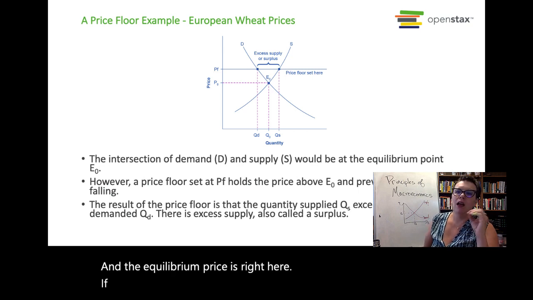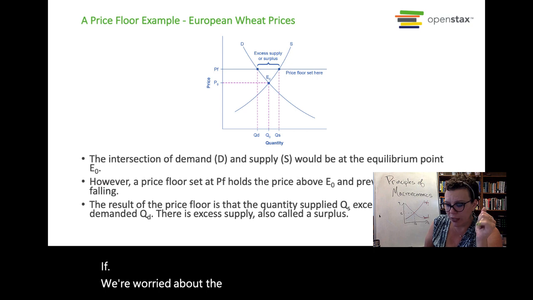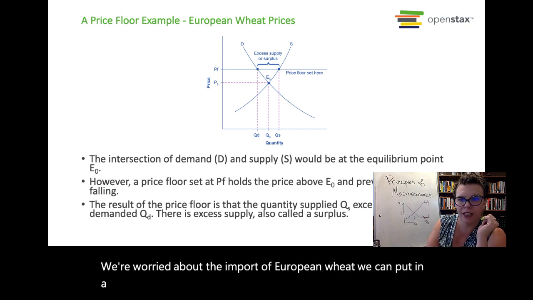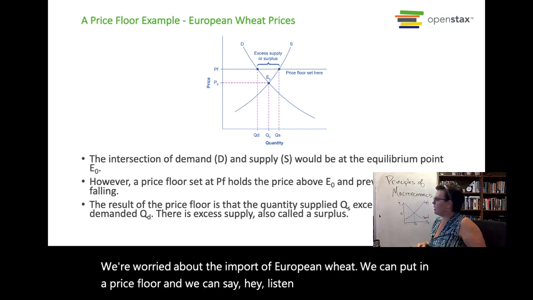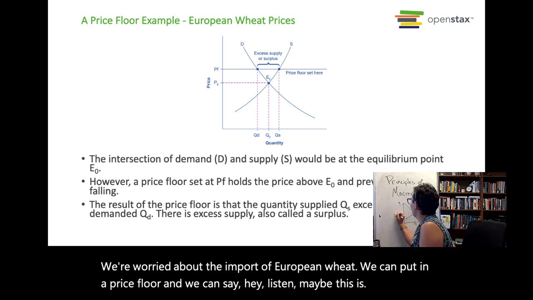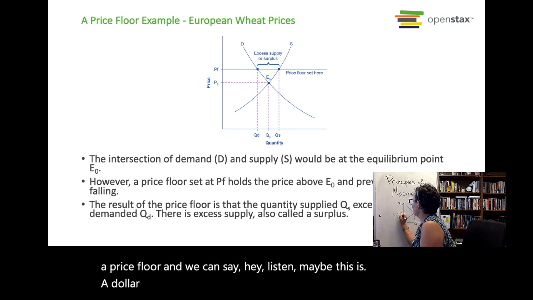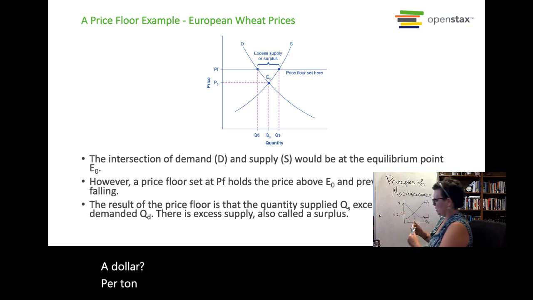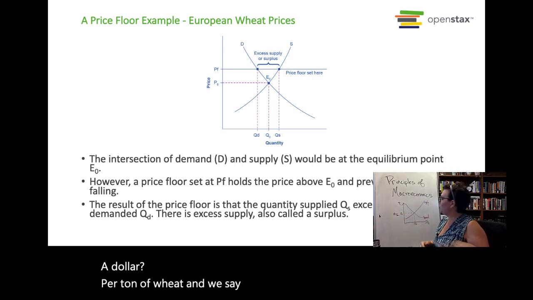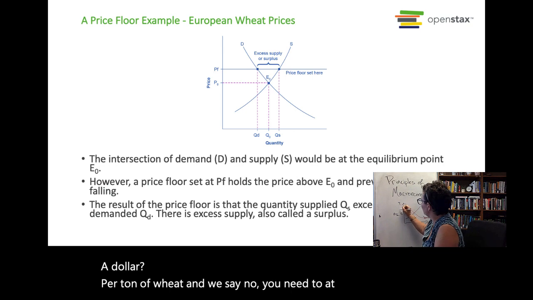If we're worried about the import of European wheat, we can put in a price floor and we can say, hey, listen, maybe this is $1 per ton of wheat. And we say, no, you need to at least charge $2 per ton of wheat.